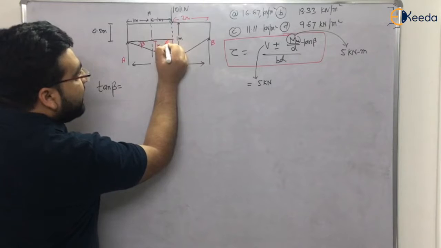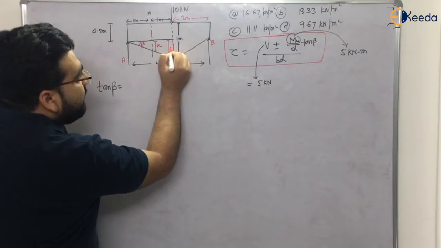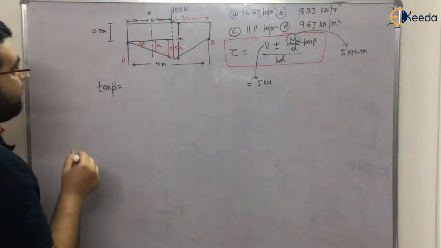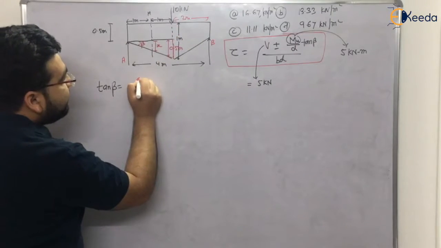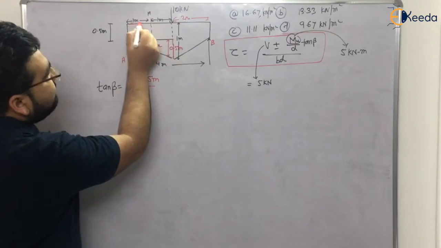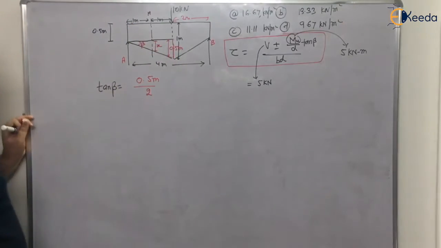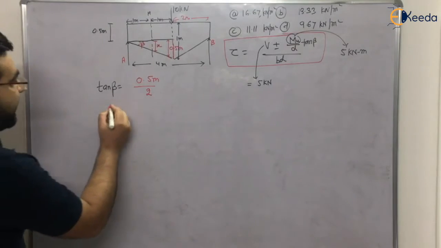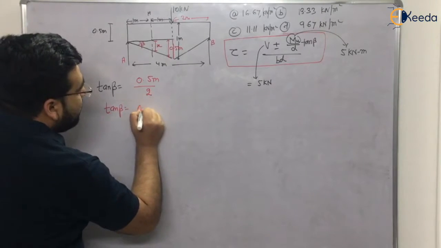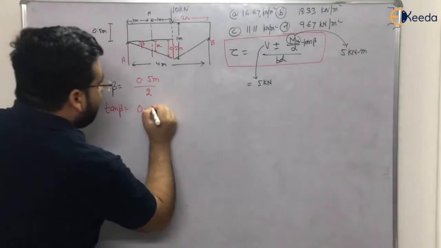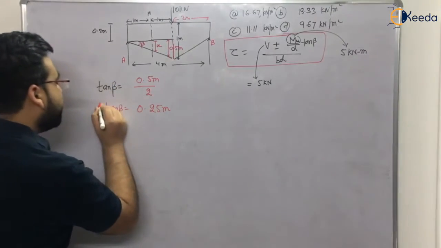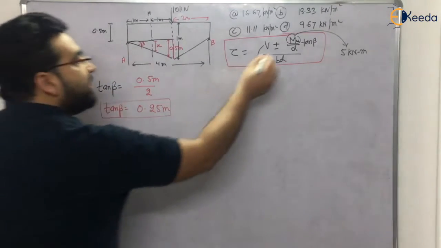So tan beta will be equal to perpendicular, that is 0.5 meter, divided by base. How much is the base? 1 plus 1, that is 2 meters. So tan beta will be equal to 0.25.